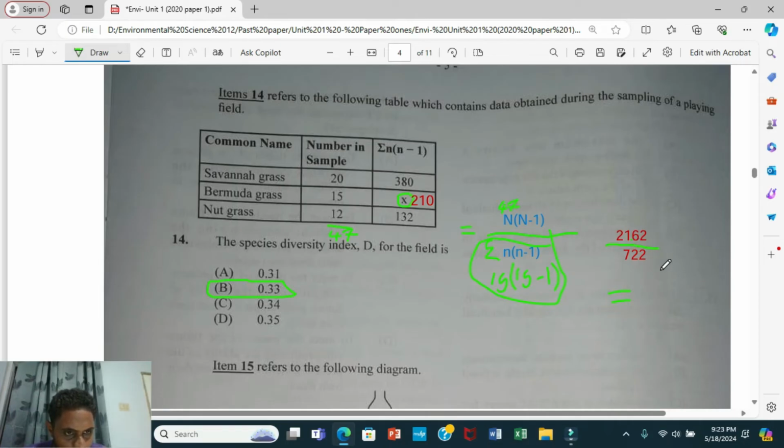So they would put the 2,162 as a denominator, right? They put this part down here and this part up here. So you divide 722 by 2,162, and you get 0.33. All right, so that's how you get the answer here.